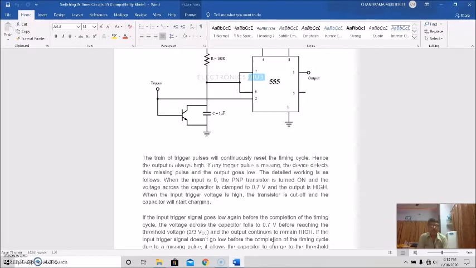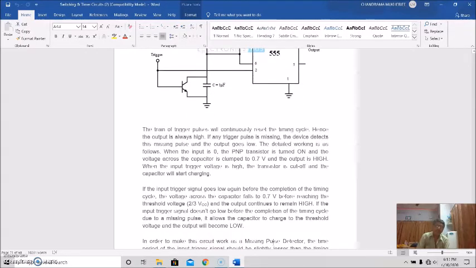And now if the input trigger signal doesn't go low before the completion of the timing cycle due to a missing pulse, it allows the capacitor to charge to the threshold voltage, and output will become low.